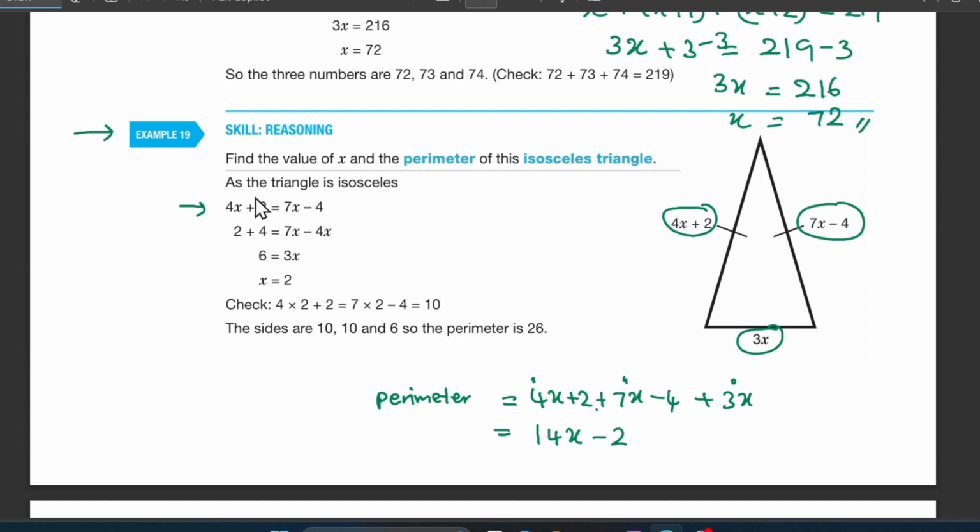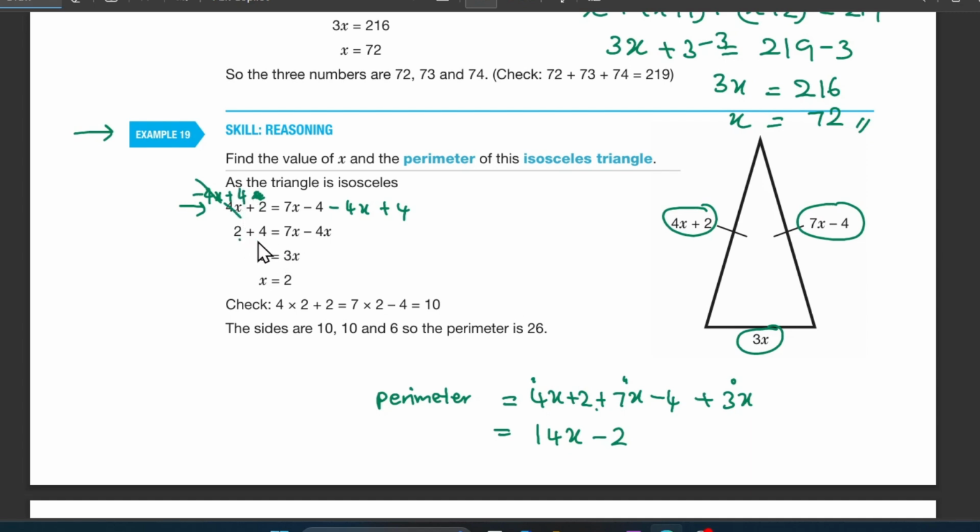So to get rid of this 4x, I subtract 4x from both sides. Then these two cancel out. I add 4 to both sides.